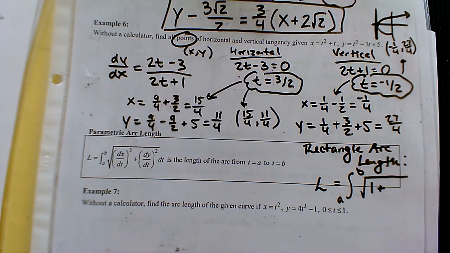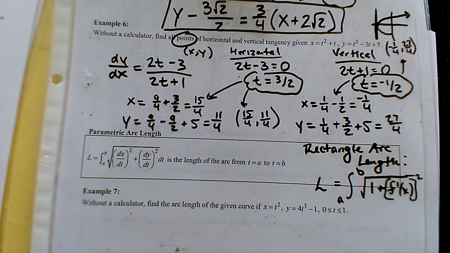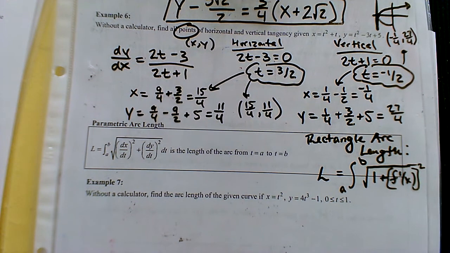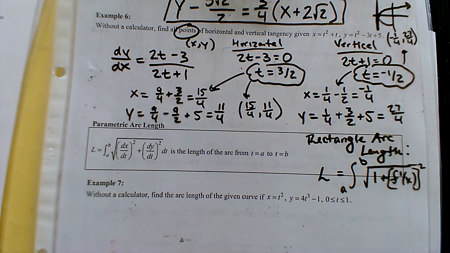It's 1 plus the derivative of your function squared. We used to know that back in October. Let's try to remember that for May, okay?